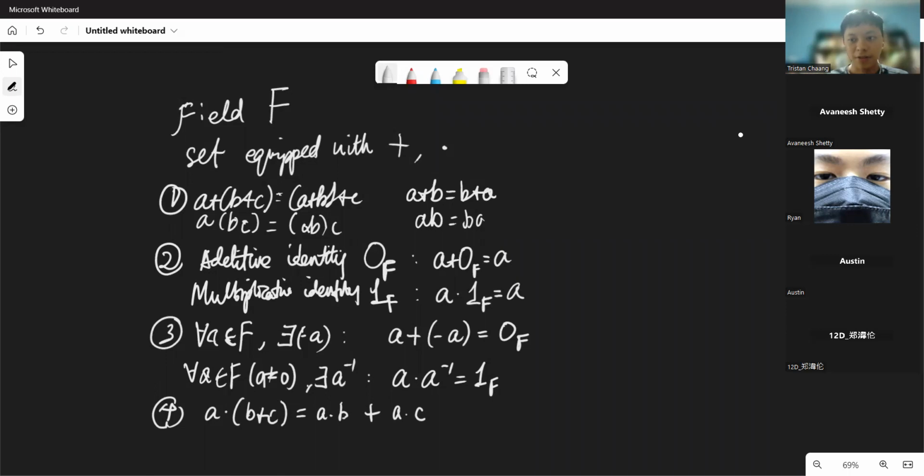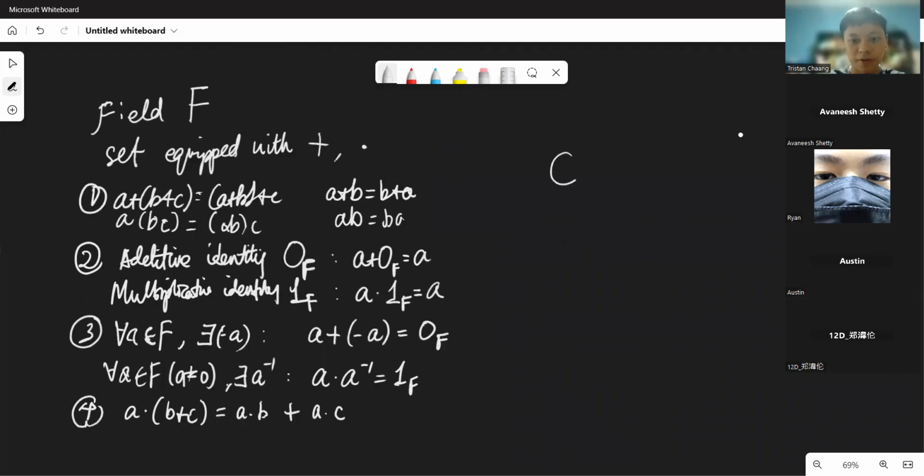If you have such an operation that satisfies all of these properties here, I can call this set a field with the operation plus and multiplication. So of course, the set of real numbers, the set of complex numbers, they obviously satisfy all of these properties. So those are fields.